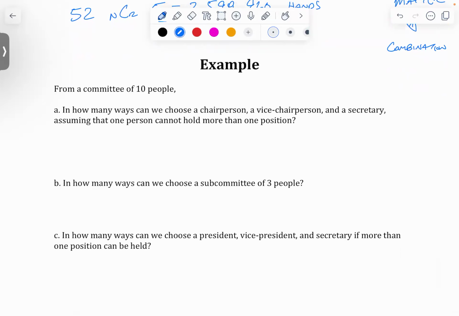All right. From a committee of 10 people, in how many ways can we choose a chairperson, vice chairperson, and secretary, assuming one person cannot hold more than one position? So, once again, no repeats.